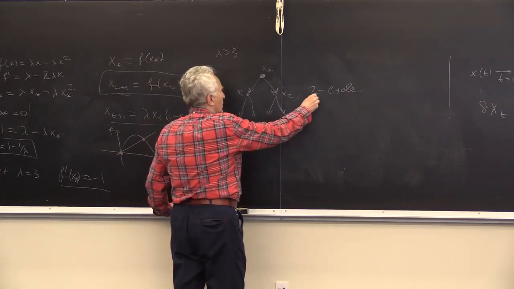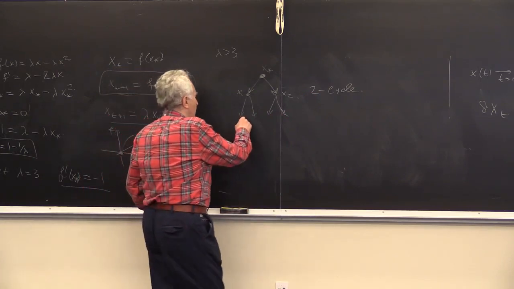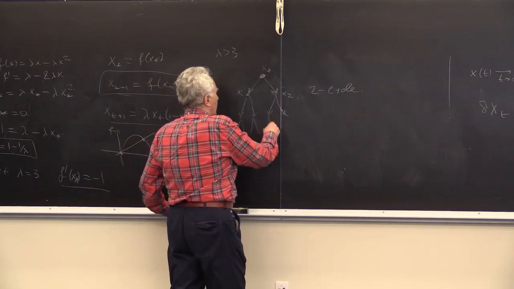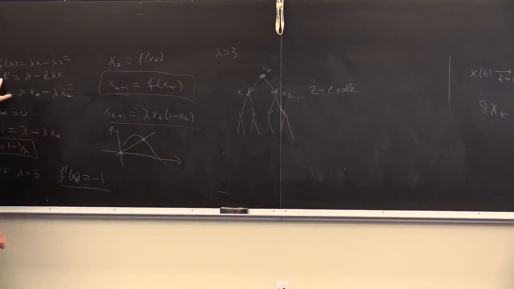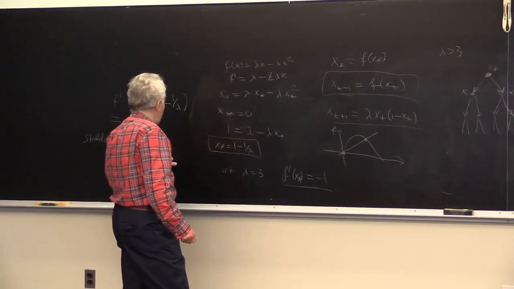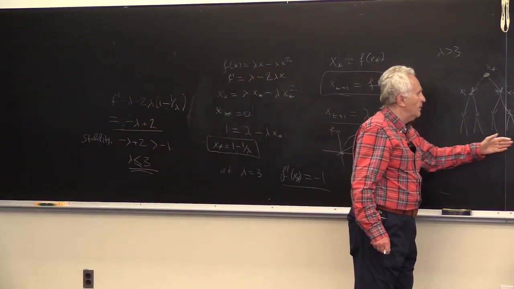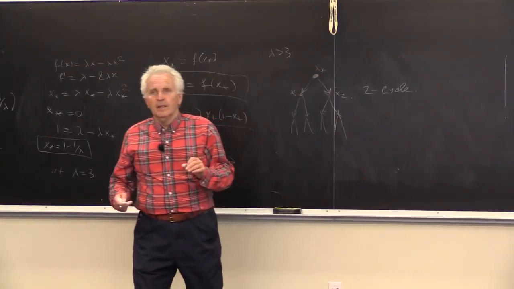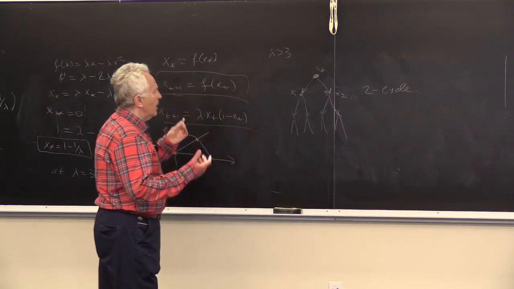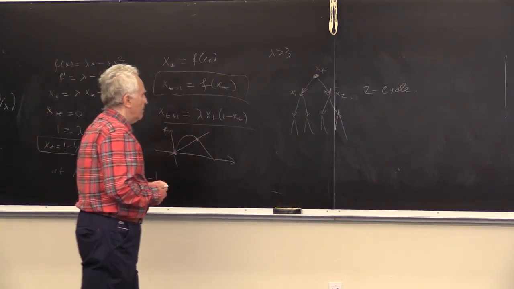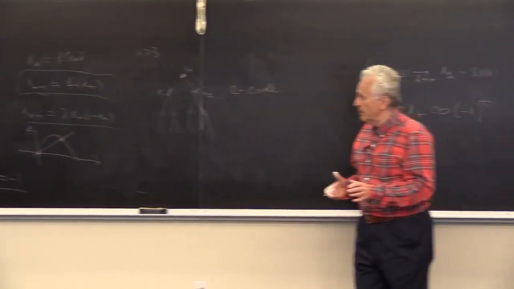And instead of the 2 cycle, we will have 4 cycle, and so on. At some value of lambda, the concrete value is completely irrelevant, there will be infinite cycle here. The system will behave in a complicated way. So let's try to understand this and derive this. This phenomenon is called period doubling.